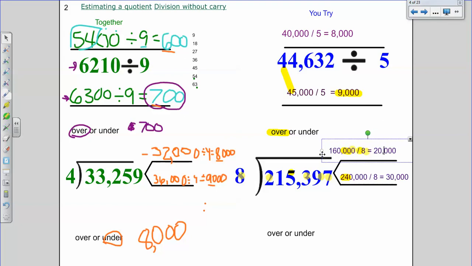So one estimated answer is going to be 20,000. Another one is going to be 30,000. So 21 is going to be closer to 16 or 24? Well, 21 is going to be closer to 24. So I know that my overestimate of 30,000 is going to be a better estimate choice.